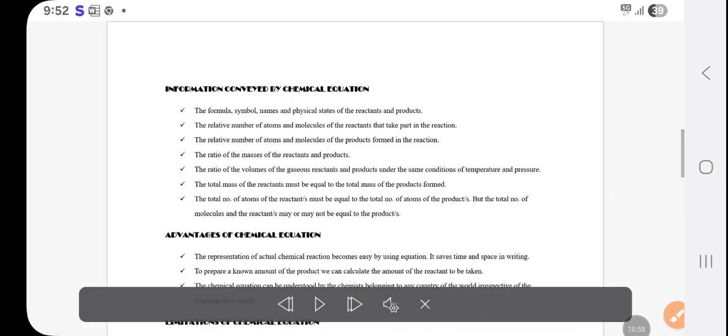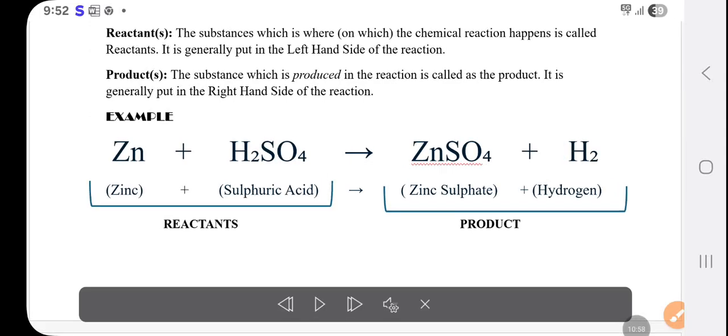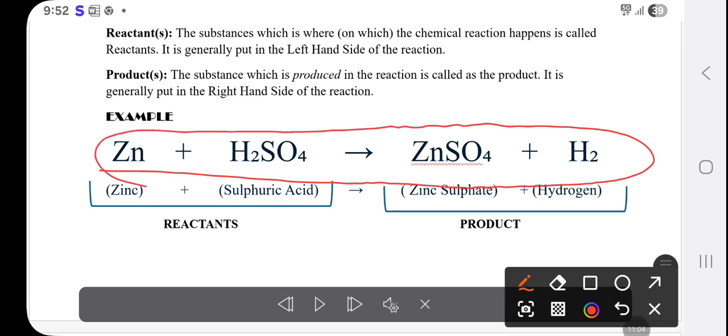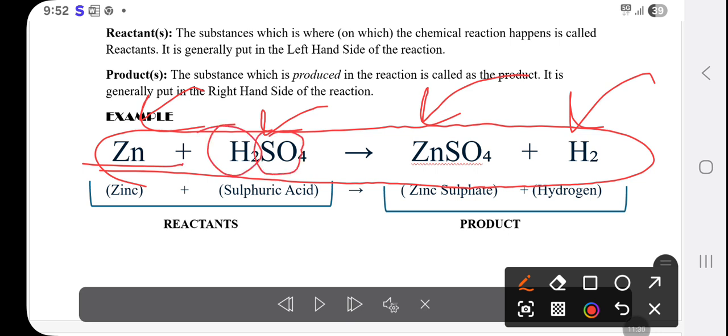If we see upward, if we write Zn plus H2SO4 gives ZnSO4 plus H2, from here we know the formula of zinc, the formula of sulfuric acid, the formula of zinc sulfate, the formula of hydrogen gas, and other elements like Zn, H, SO4, S, O and all those. We are knowing a lot of things from the chemical equation.